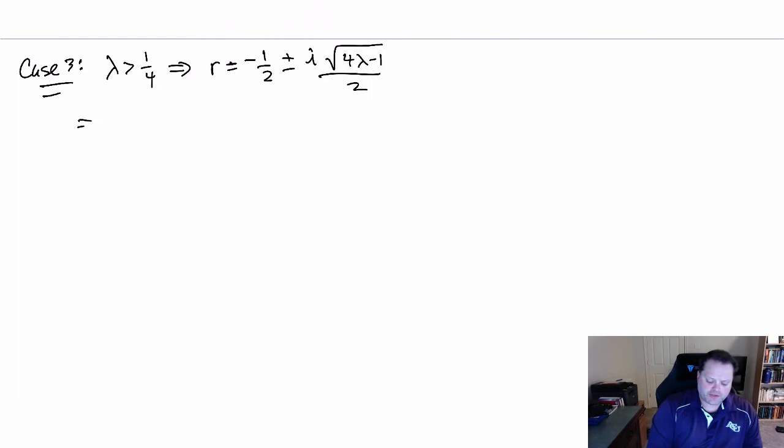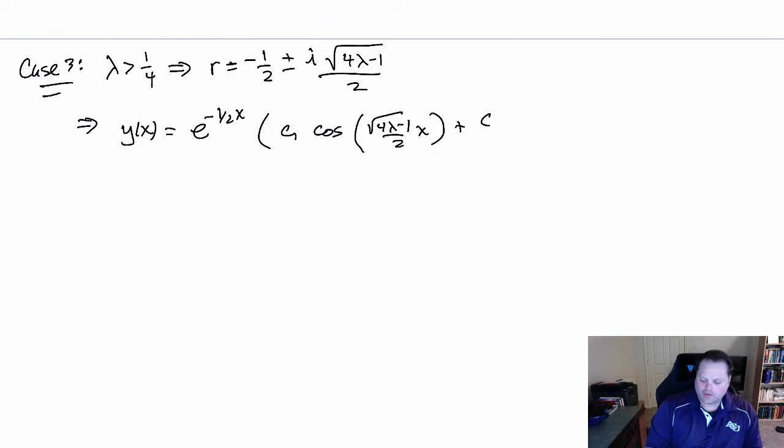And so we know that the solution in this case is an oscillation of this form: e to the minus 1/2 x, times c1 cosine of the square root of 4 lambda minus 1 over 2, plus c2 sine of the square root of 4 lambda minus 1 over 2. We're familiar with this form.